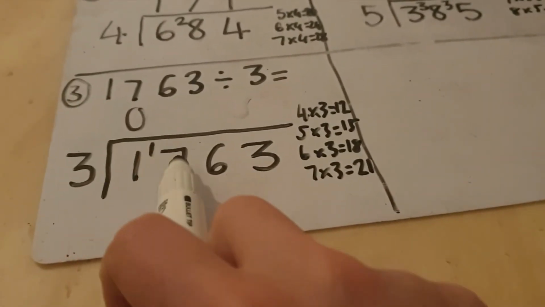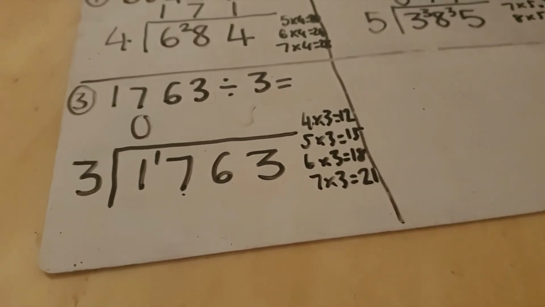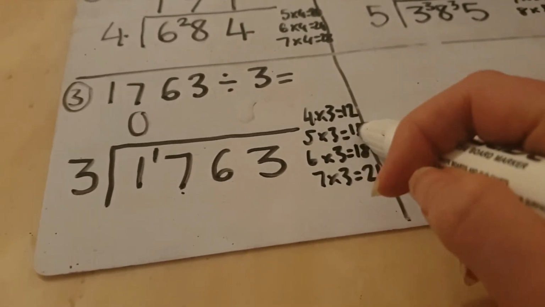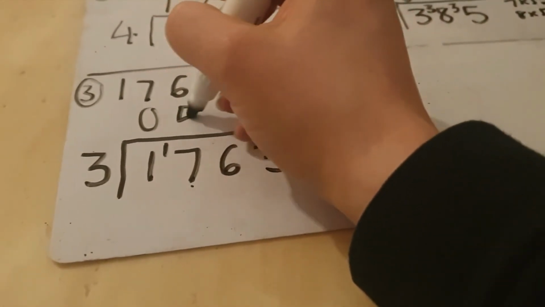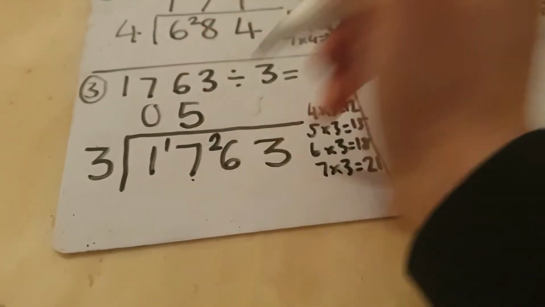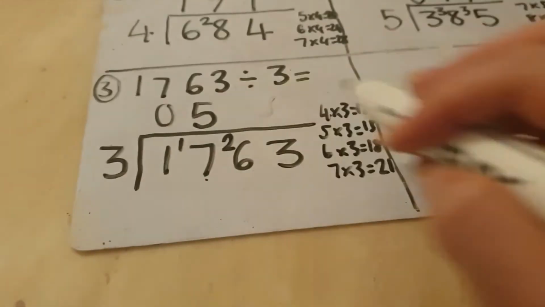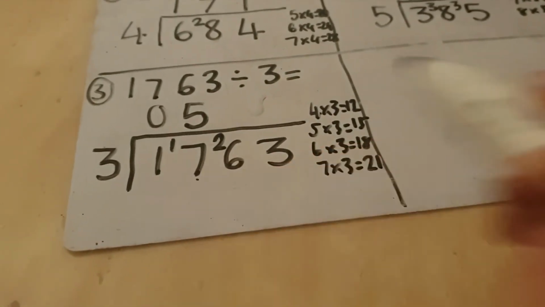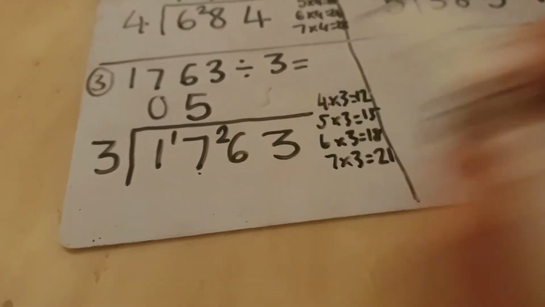So look, which number, you can't obviously go to 18 because 18 is bigger than 17, so it's the one before. So we know that 5 groups of 3 go into 17, but it leaves 2 remaining because 5 times 3 is 15. Then to get to 17, you need to add 2, okay?